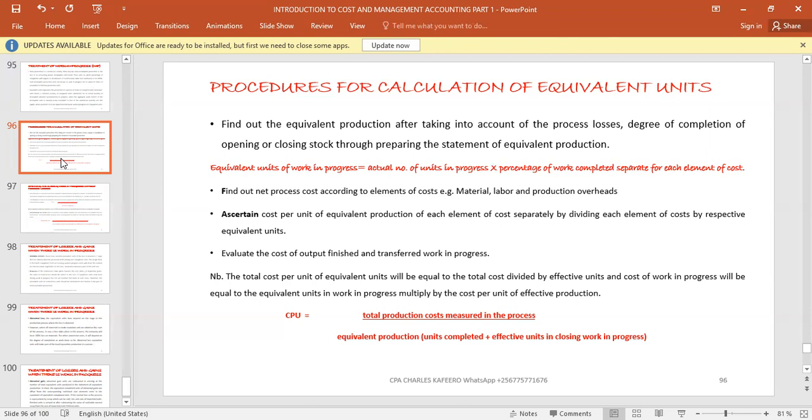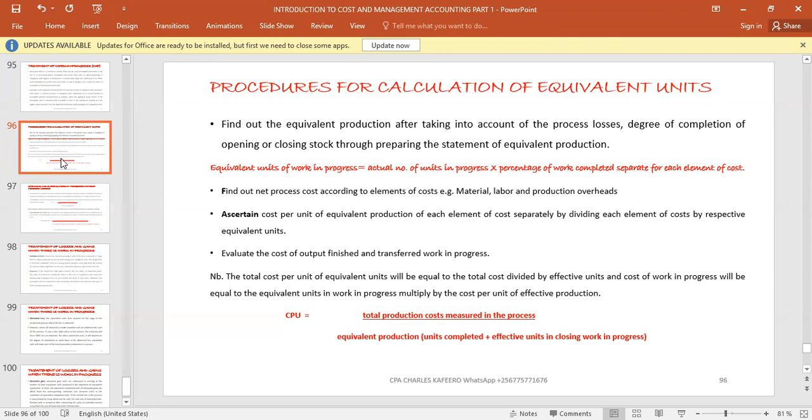In each column, if let's say it is labor, we are going to have different equivalent units, or notional completed units. And if we have different units, it means we are going to have different cost per unit for each element of cost. That's what we mean.